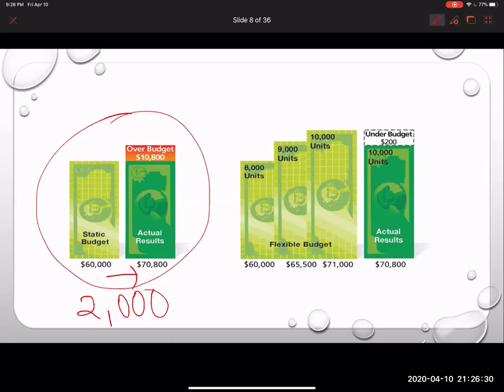And so with a flexible budget, you're comparing budgeted against your actual cost. In this particular case, for instance, we're looking at producing 10,000 units, and then we're looking at actual. A flexible budget says, I'm going to act as if my budget was for 10,000 units.